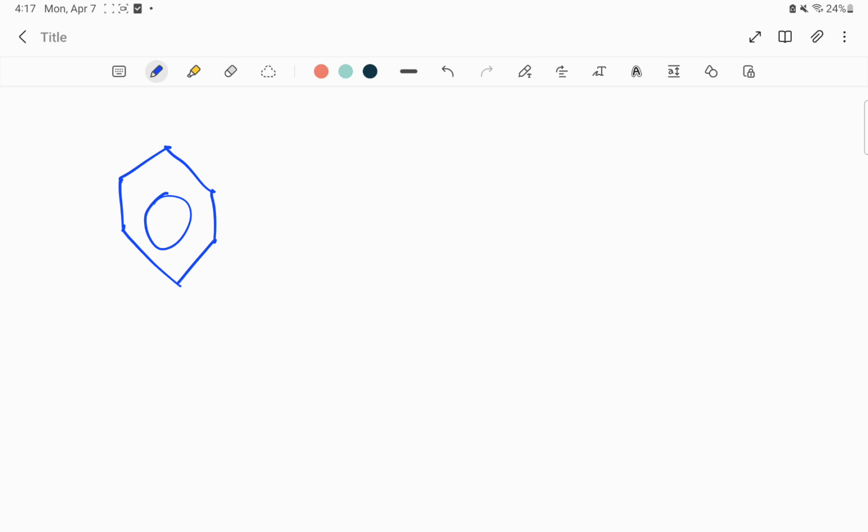So the first step of Sandmeyer's reaction is diazotization. Diazotization is the process of converting aniline to a diazonium salt. First of all, you know that aniline is benzene with an NH2 group. NH2 group is known as amino group. So this compound is known as aniline.